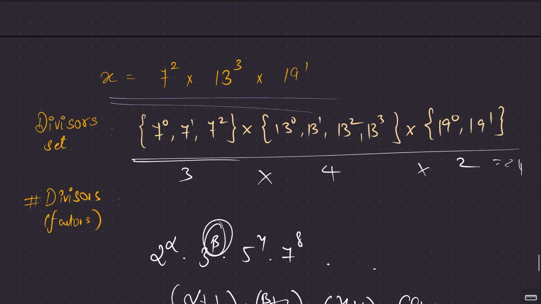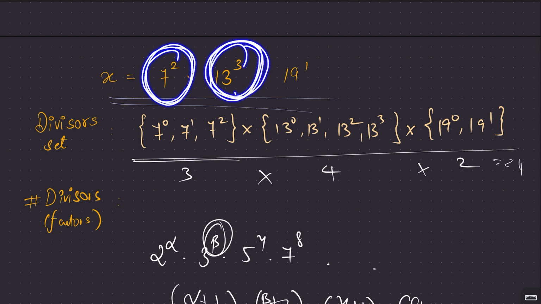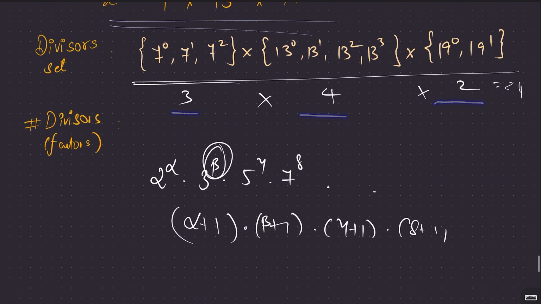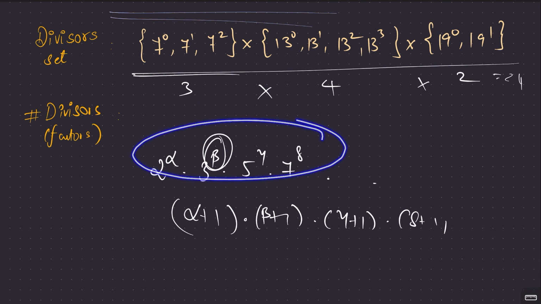The same happened here, right? You had 2 plus 1, 3 possibilities here, 3 plus 1, 4 possibilities here, and 1 plus 1, 2 possibilities here. That's why our answer came out to be 3 into 4 into 2, right? So given this prime factorization, these many factors you have. With this ground clear, let's proceed with the explanation.